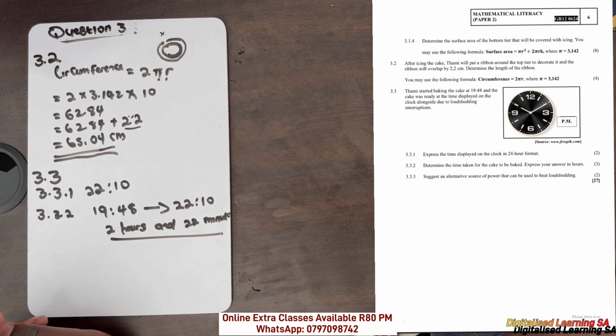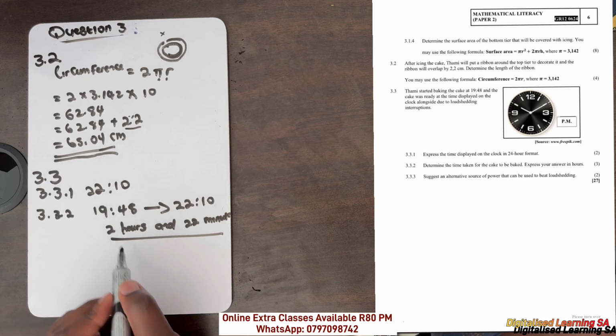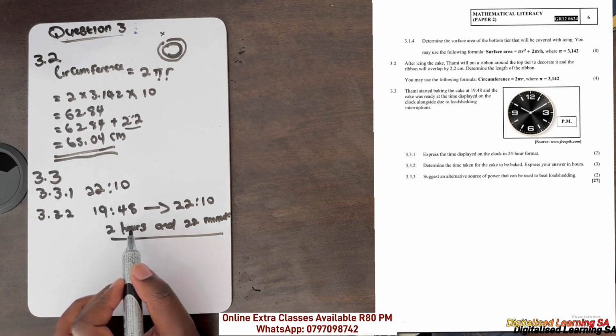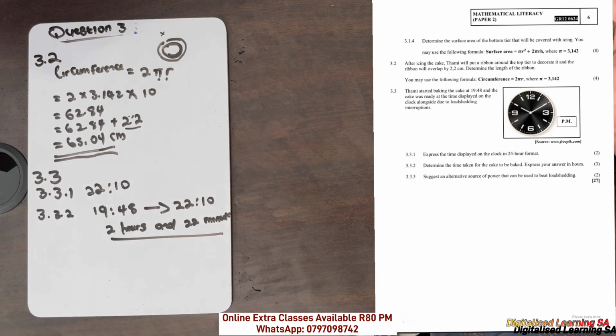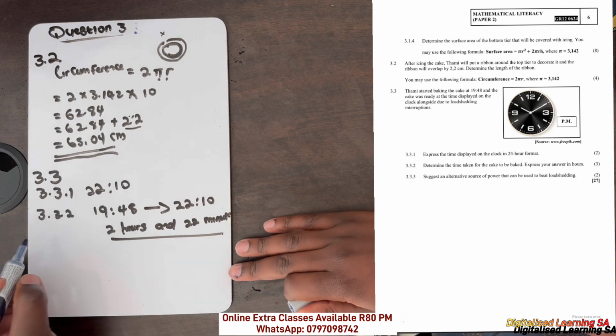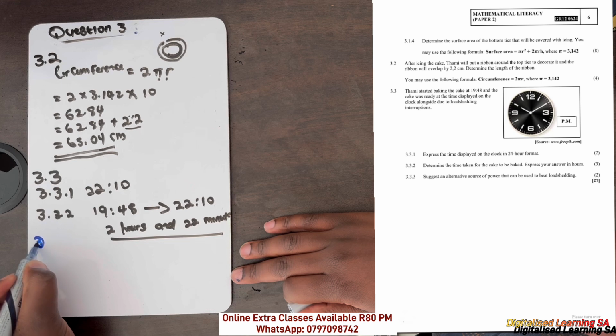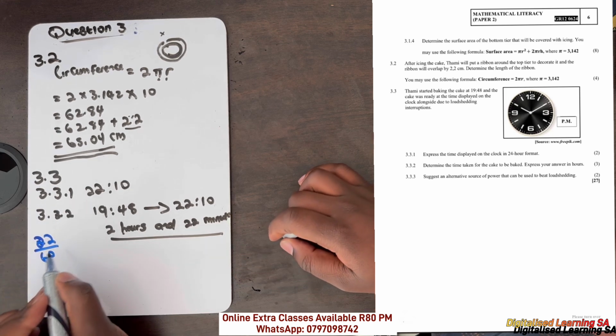But the question said to express your answer in hours. So the answer that we have here is expressed in hours and minutes. If you remember, if you want to convert minutes into hours, we divide by 60, because in an hour we have 60 minutes.